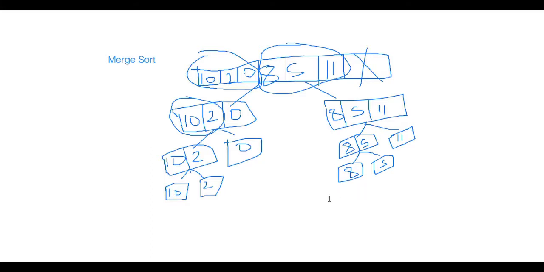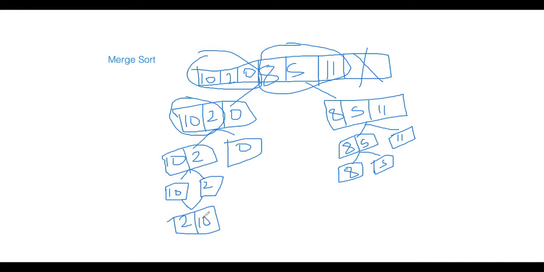So now what do we have? We have all the elements separately. Then we will do the merging, and in order to merge, we will do it in a sorted way. So how do we merge these two? 2 and 10, because while merging, we will sort.